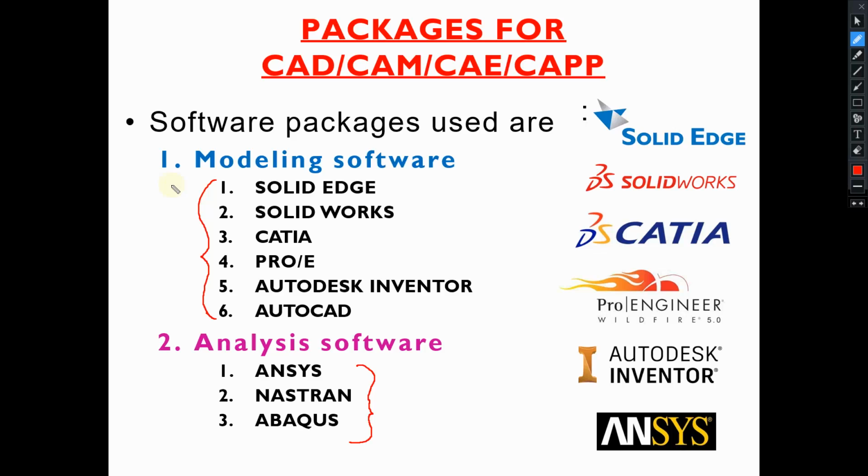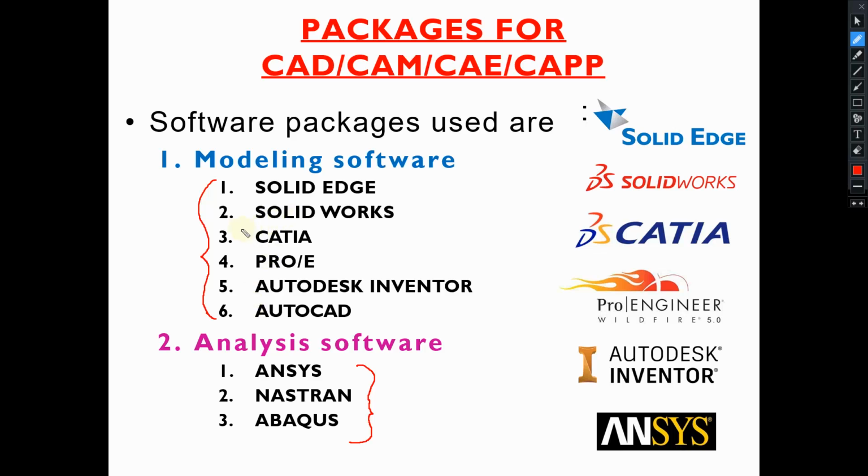We can freely download them and use them. But in the industry, licensed softwares are given more importance because of the many features that they provide. Each of these softwares gives a lot of additional capacities for modeling and analysis to the user, and therefore they are very popular in the industry.